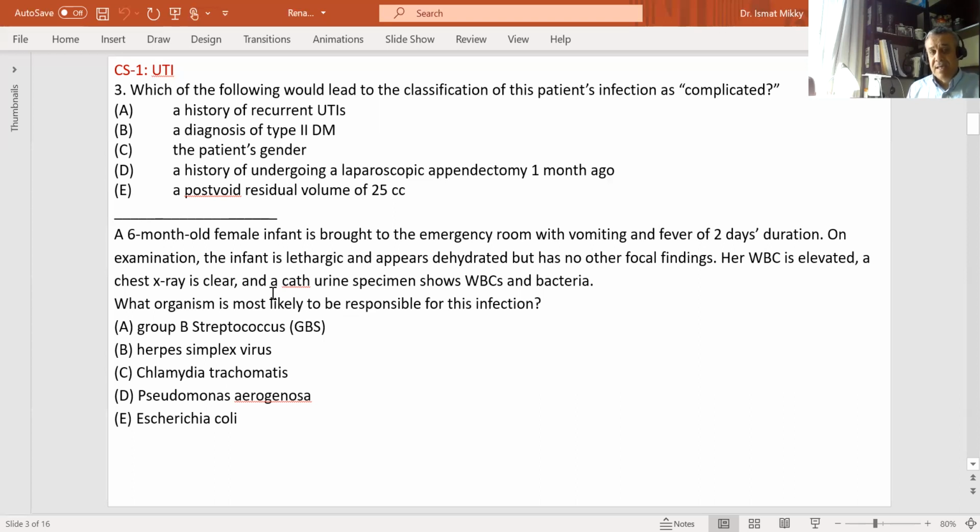Cystitis is a lower UTI infection. Pyelonephritis is an upper UTI infection, because that affects the pelvis of the kidney.